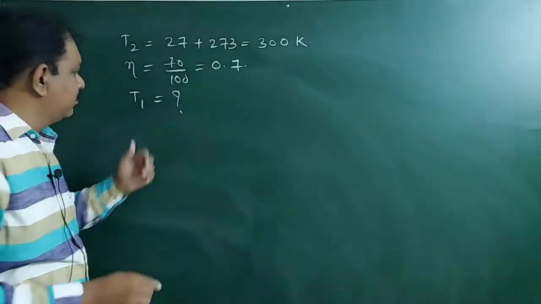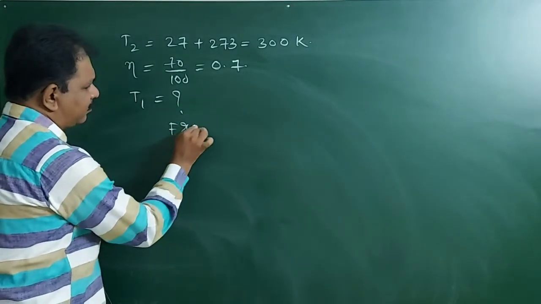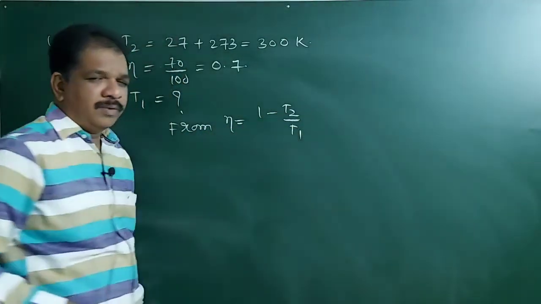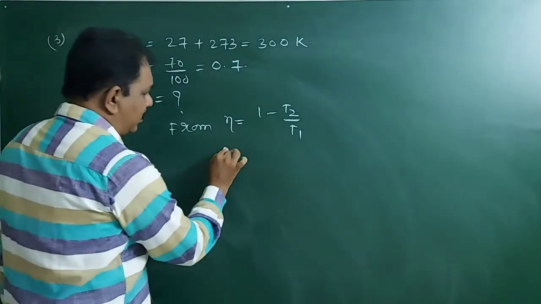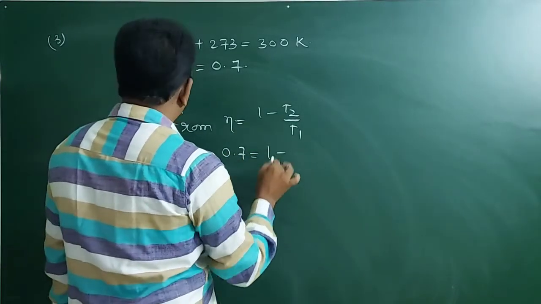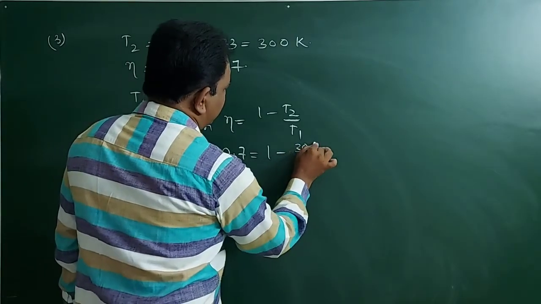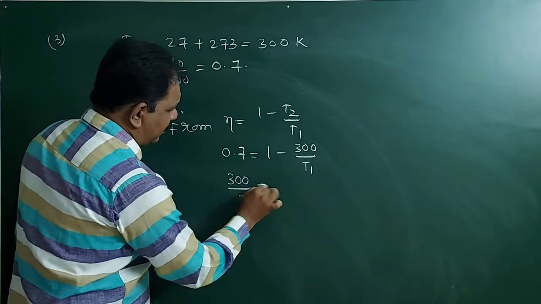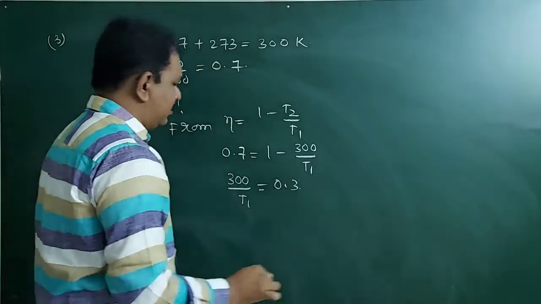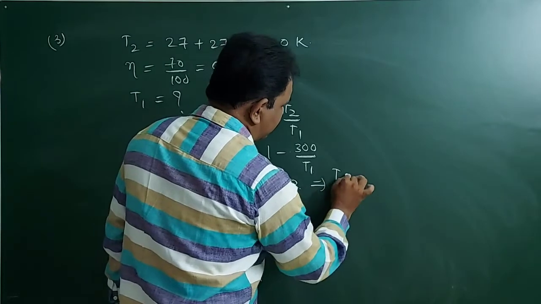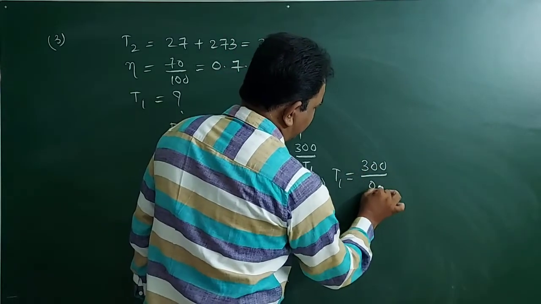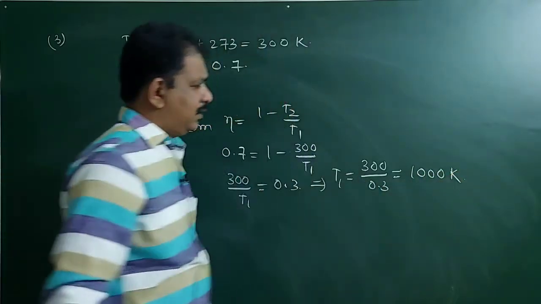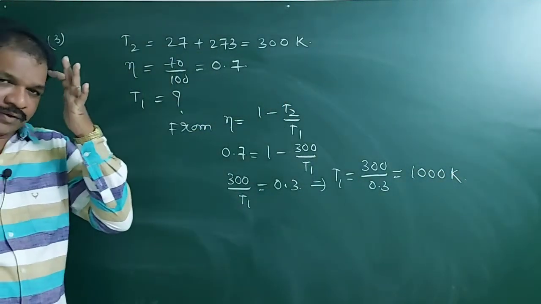Easily we can do it from eta is equal to 1 minus T2 by T1. 0.7 is equal to 1 minus 300 by T1. 300 by T1 is equal to 0.3. So T1 is equal to 300 by 0.3, 3000 by 3, which means 1000 Kelvin.